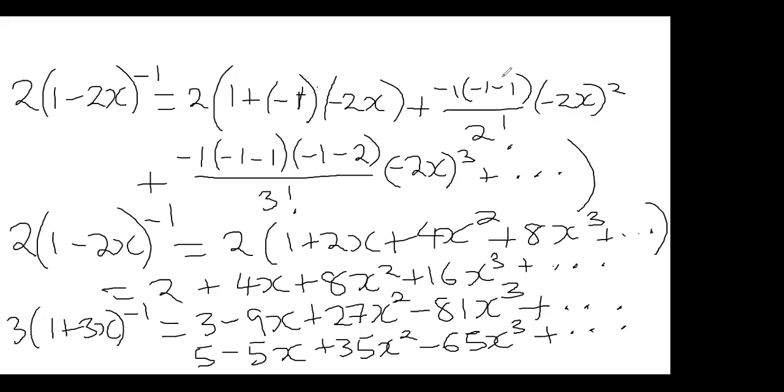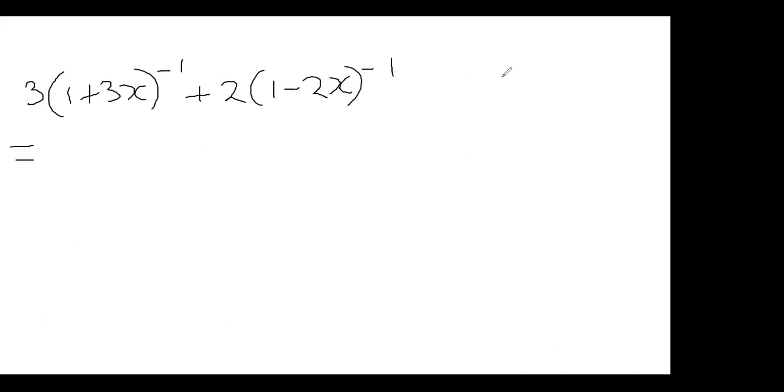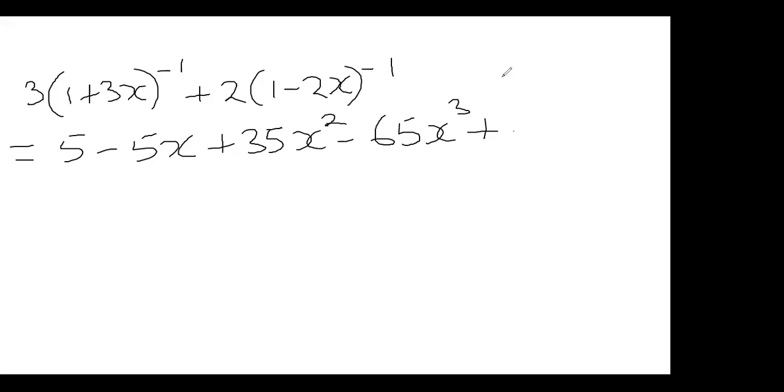We are now saying that 1 plus 3x, the power negative 1, plus 1 minus 2x, the power negative 1, is finally equal to 5 minus 5x plus 35x squared minus 65x cubed. So that's the expansion we are looking for. I've added the like terms.